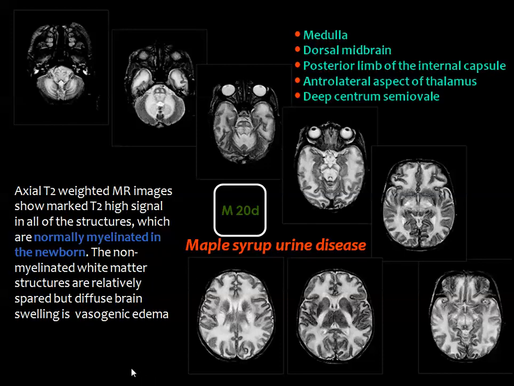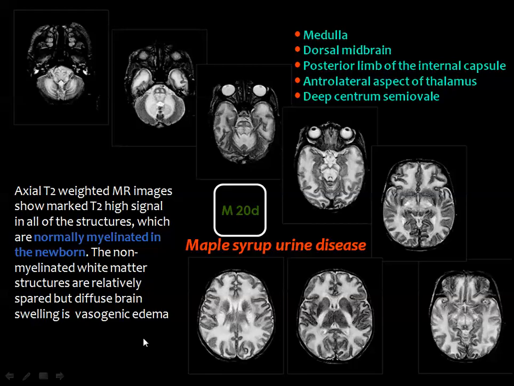To remind you, these structures include the medulla, the dorsal aspect of the midbrain, the posterior limb of the internal capsule, and the anterolateral aspect of the thalamus, as well as the deep centrum semiovale. These structures, which are normally myelinated at birth, appear of very high signal, and this means that they are affected by vasogenic edema.